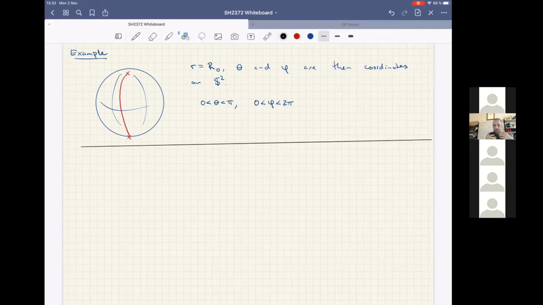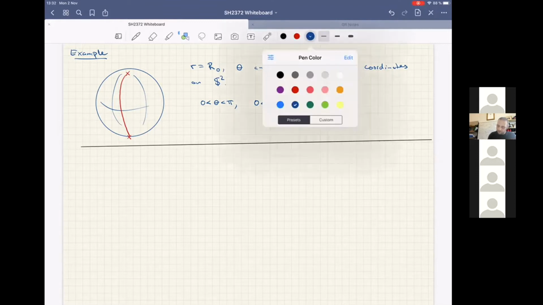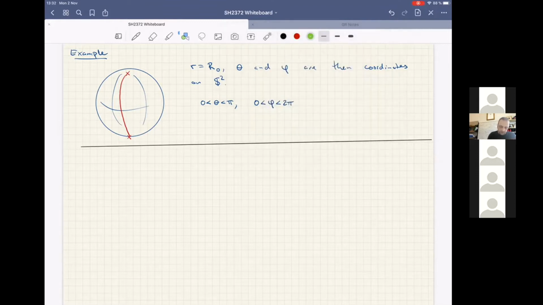And as you might be familiar with, the geometry on the sphere is quite different from Euclidean geometry. For example, if I take a different color here and I draw a triangle on the sphere, so let me draw this triangle. This is essentially a triangle of great circles.